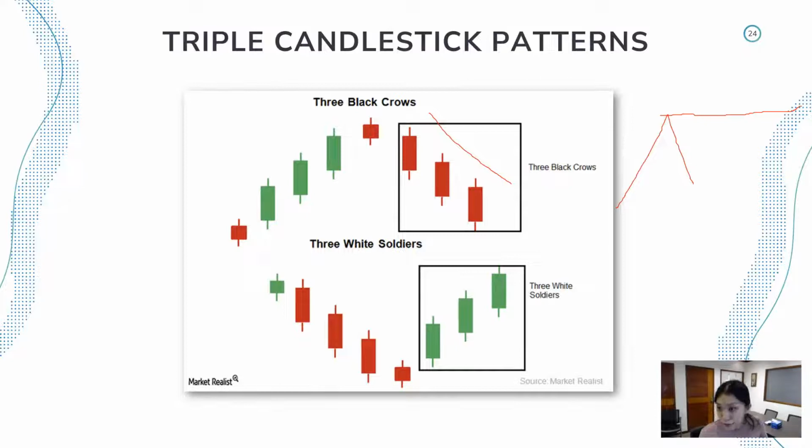So for example, if you see a small one like this, this is not valid. If you see this one, this is not valid.